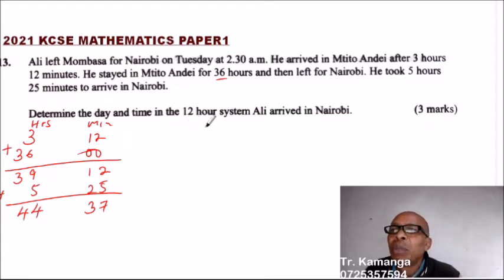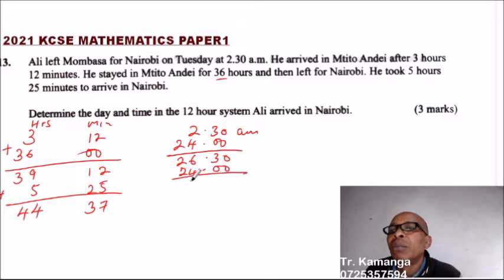Now, he had left Mombasa at 2:30 a.m. If you add 24 hours, that's a whole day, you get 2:30 a.m. again, so this is on Wednesday, and the departure was on Tuesday.